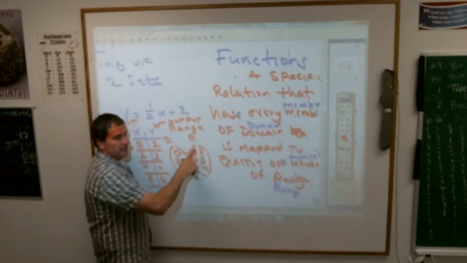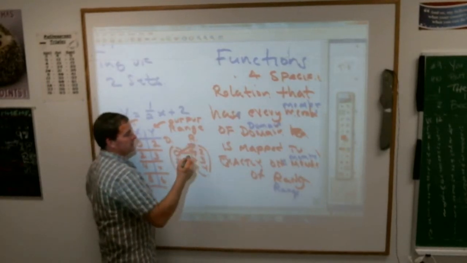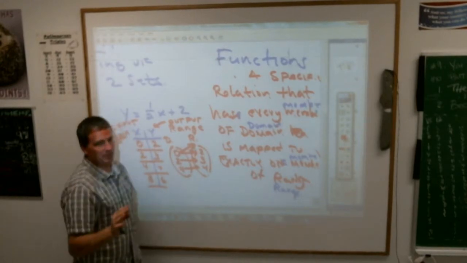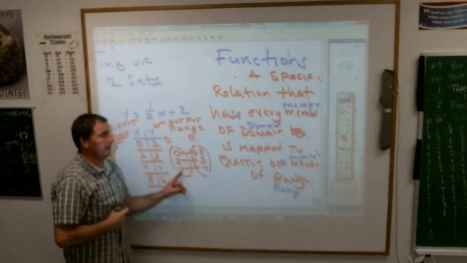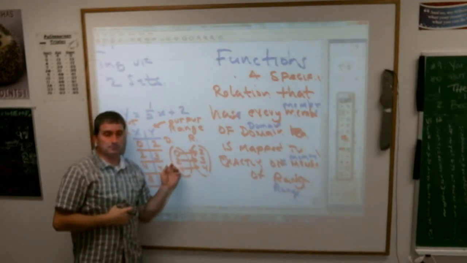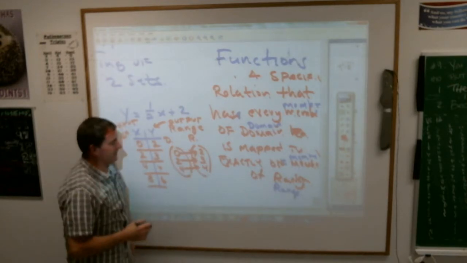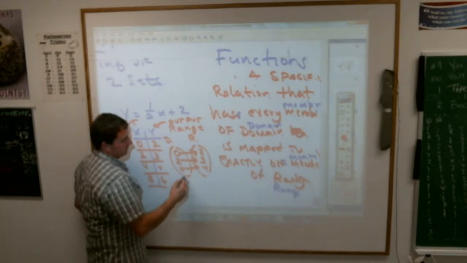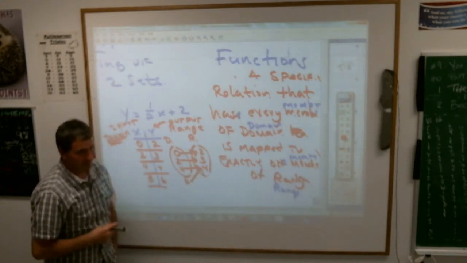This would not be a function if you saw 0 have 2 answers. Automatically, that would not be a function anymore. As long as it just has one arrow coming off the domain, it is a function. Now people get confused because notice I didn't say this. Could this happen, if I have a 5 here and 5 goes to 4? Yes.